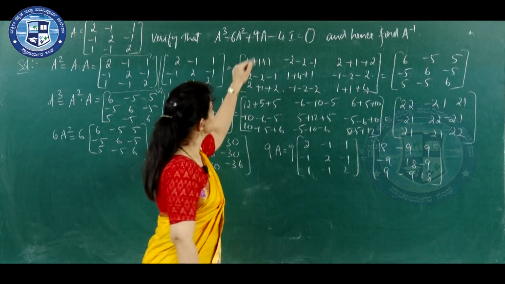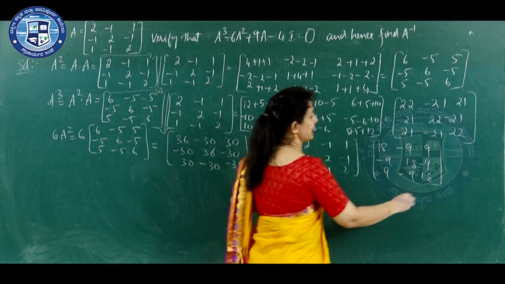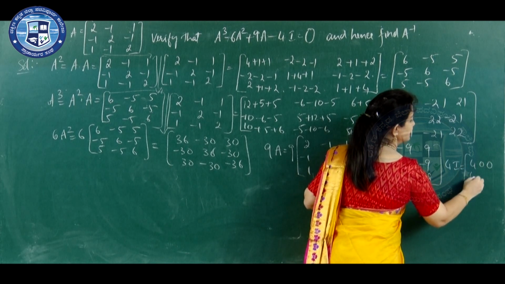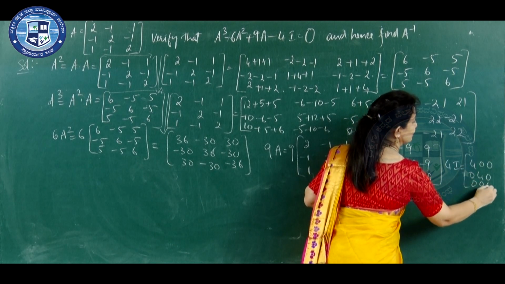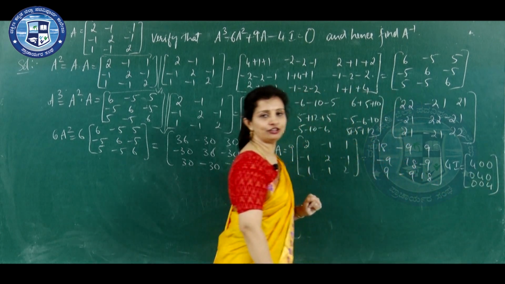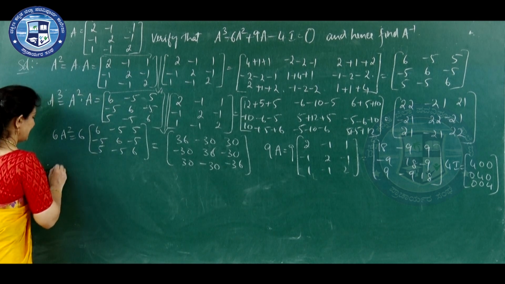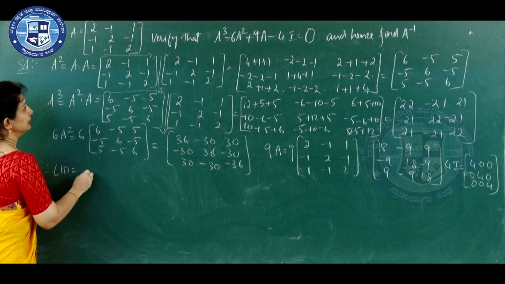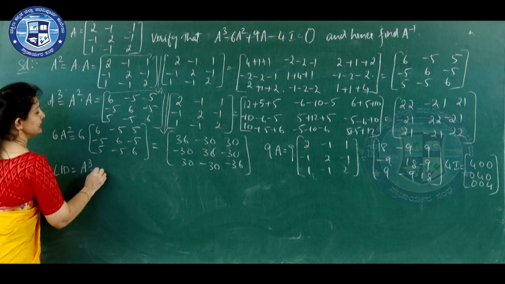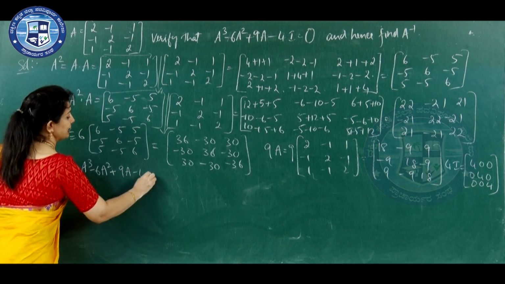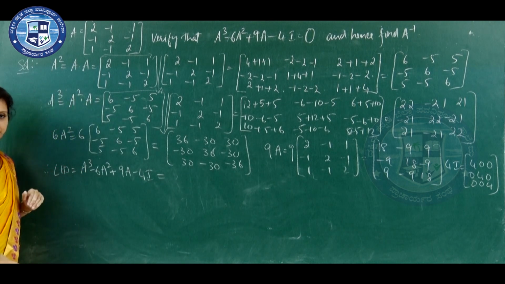This is 9A. What is 4I then? 4I is I multiplied by 4, that is 4 0 0, 0 4 0, 0 0 4. Now consider LHS. Therefore, LHS equals A cube minus 6A square plus 9A minus 4I.